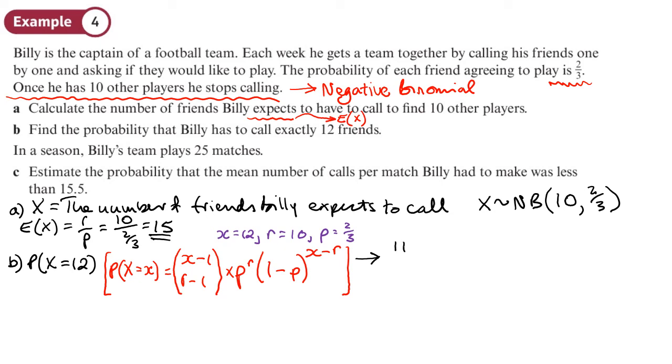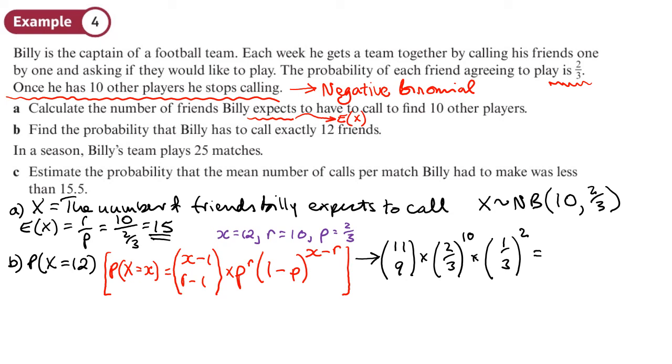So you've got basically 11C9, because it's 10 minus 1, times 2/3 to the power of r, which is 10, times 1 minus p, which is 1/3, to the power of x minus r, so that's 12 minus 10, which is 2.